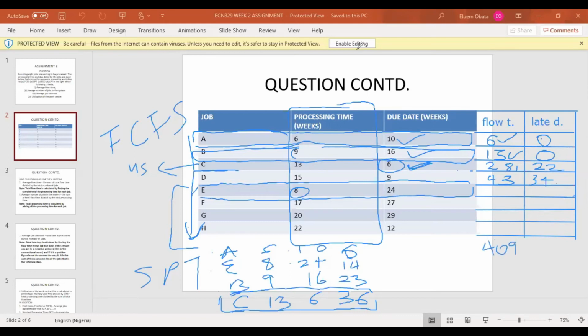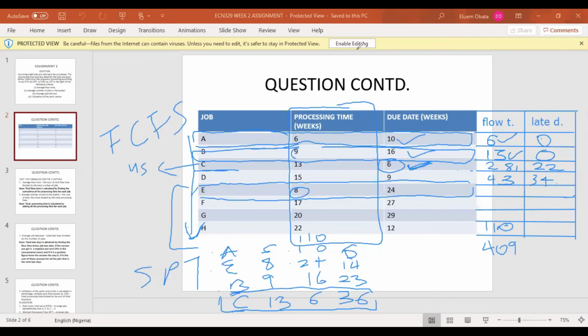And how you know your flow time column is correct is when the last flow time you have, which here will be 110, is equal to the total processing time. So that's a way to check and make sure that it is correct.